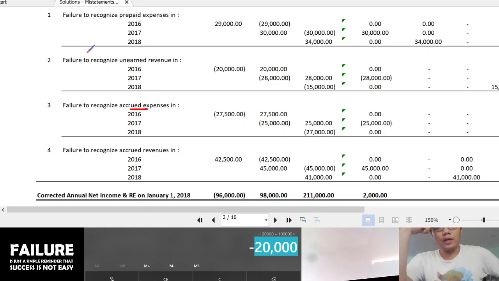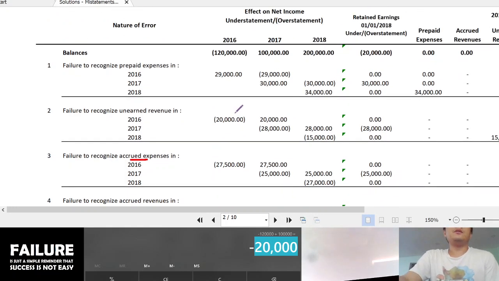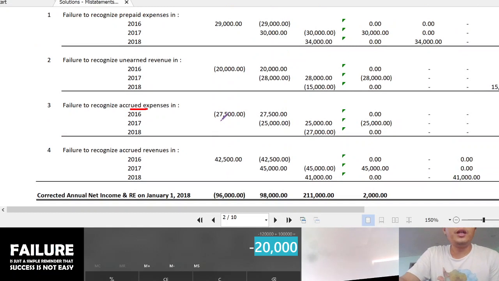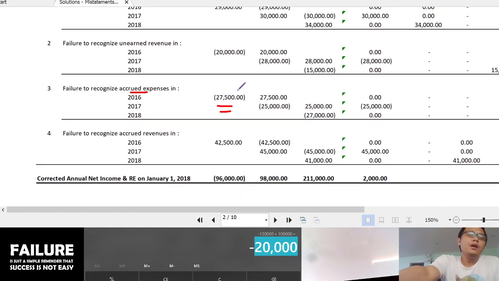The concept of accrual. So if we fail to recognize an accrued expense, obviously, it will overstate our net income. Okay? It will overstate kasi yun nga, dapat nag-recognize ka na ng expense, although hindi mo pa nabayaran, dapat i-recognize mo na siya. Kung hindi mo siya na-recognize because you fail to recognize the accrual, is that sobra yung net income mo. Diba?